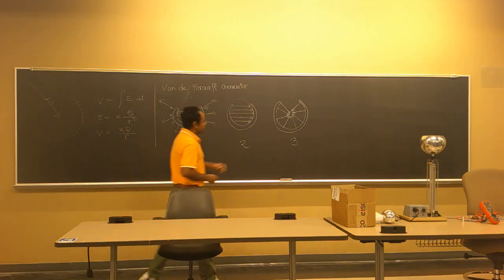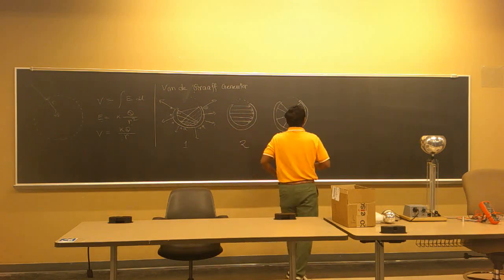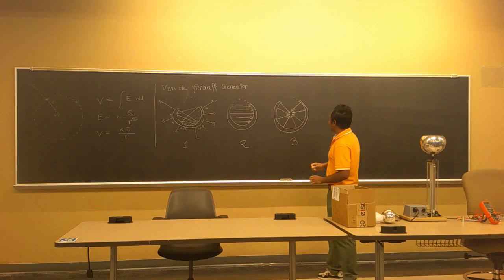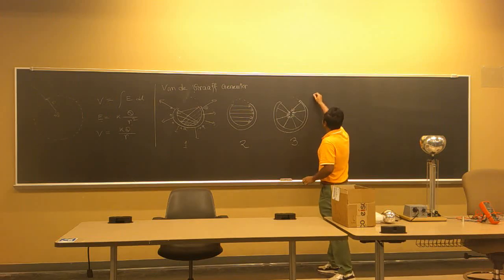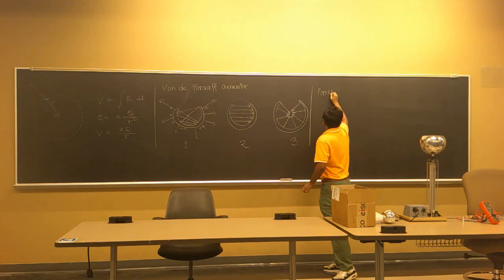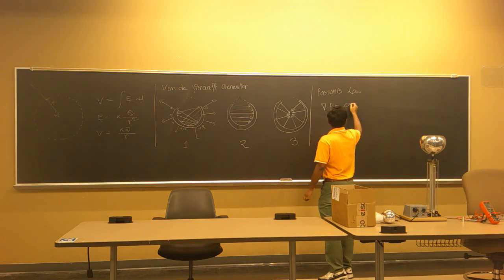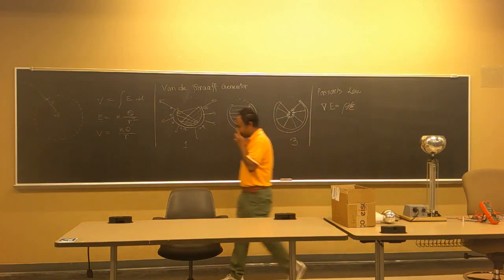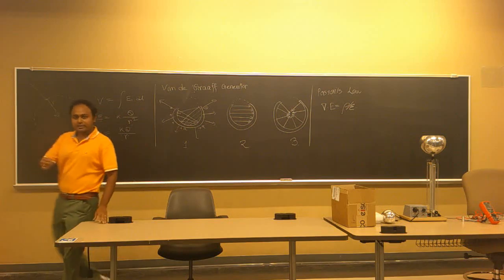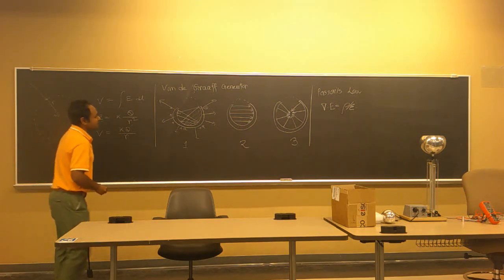All right. So if 3 is the most reasonable distribution of electric field, we knew from Poisson's law that the divergence of electric field is equal to the charge density divided by epsilon.